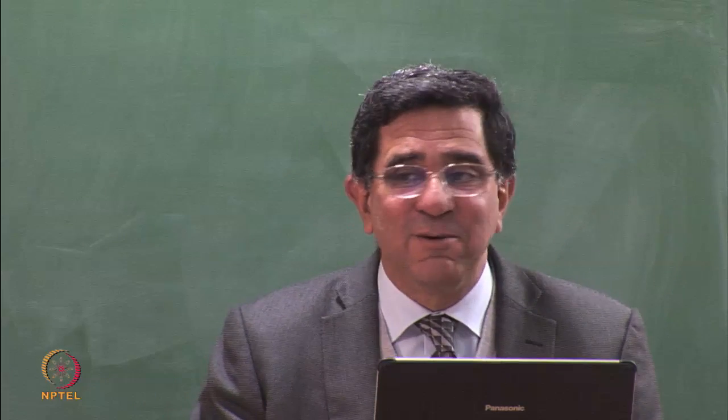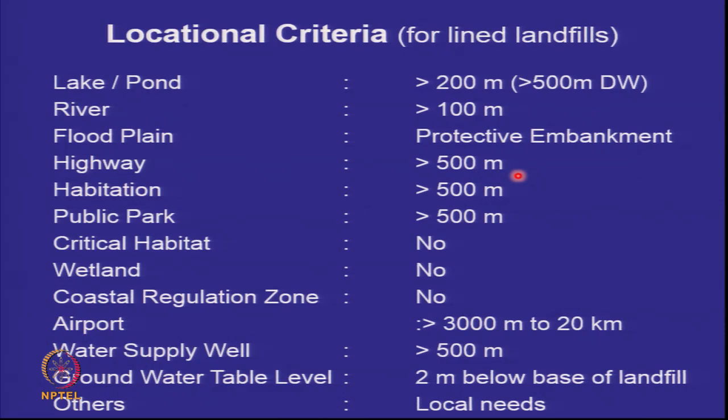That means the whole thing gets filled with water while it's operating. You have to be 500 meters away from a highway, 500 meters away from a residential colony, 500 meters away from a public park. You cannot be inside a critical habitat or inside a wetland or inside the coastal regulation zone. Because of bird hits, you should be 3 to 20 kilometers away from an airport.